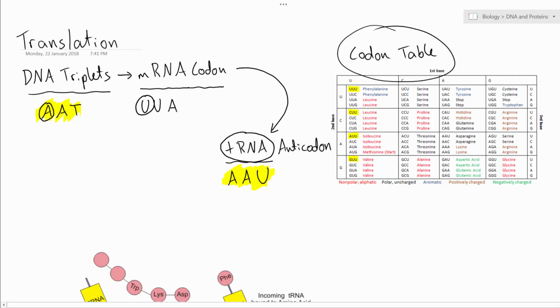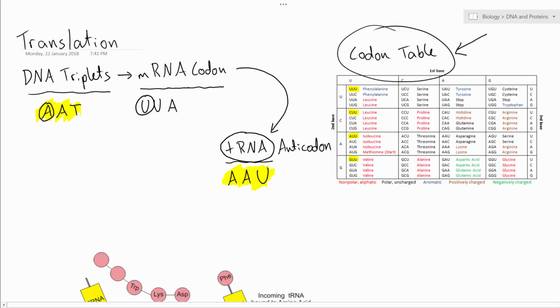So where does this codon table come into this? What we see is that DNA has genes, which are sequences of DNA, and they are read in DNA triplets, so sets of 3. When they're read in sets of 3, in order to start off protein synthesis and transcription, we're making an mRNA strand 3 bases at a time.